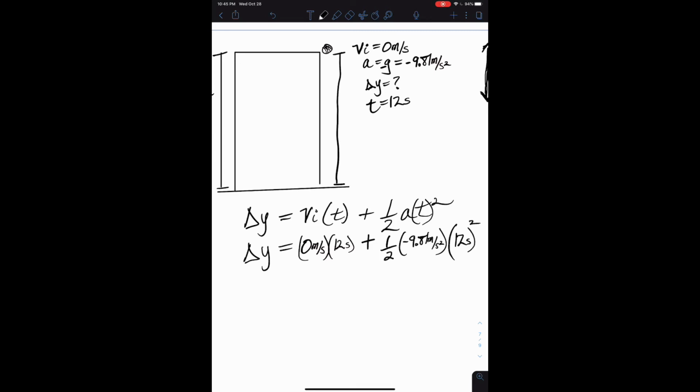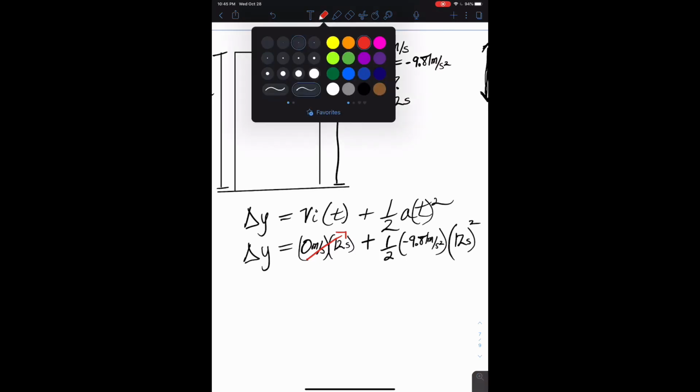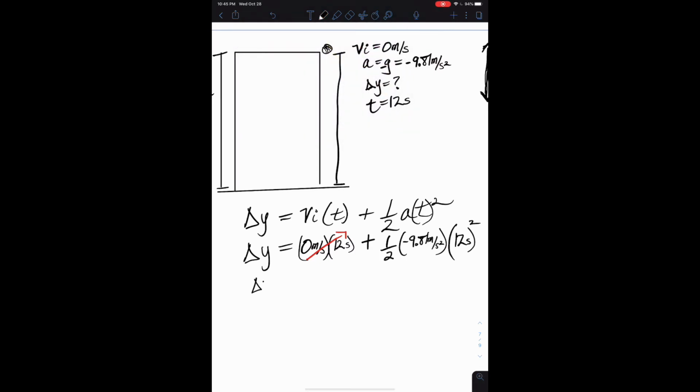All right, so I'm going to get the red marker out, cancel off this term right here, right? 0 times 12 is just 0. So we're going to be left with delta y equals 1/2 times negative 9.81. Notice I'm writing the units.